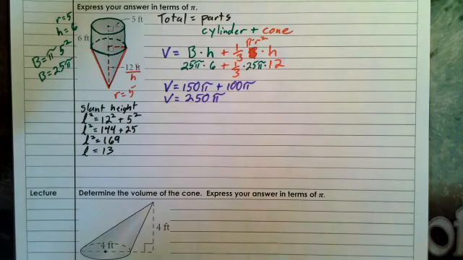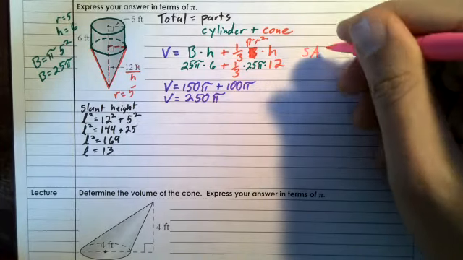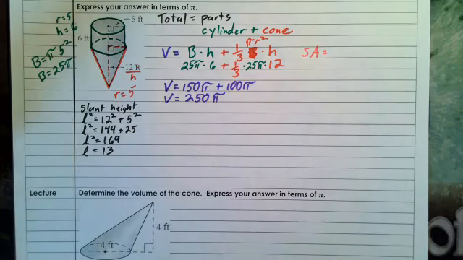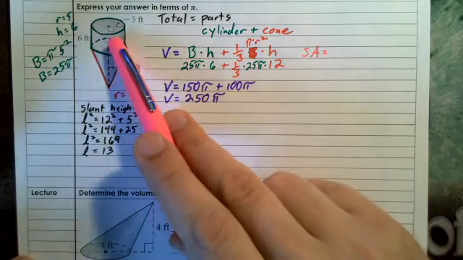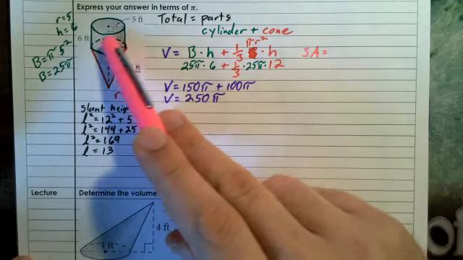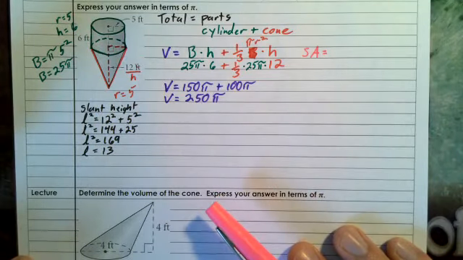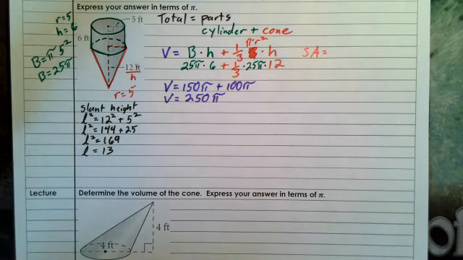All right, now for the annoying part, surface area. So let's see. We know that we want the cylinder, but we don't want this circular cross section that's in the middle. So we need to remove that from the cylinder, and we need to remove that from the cone. So I think I'm going to do it this way.